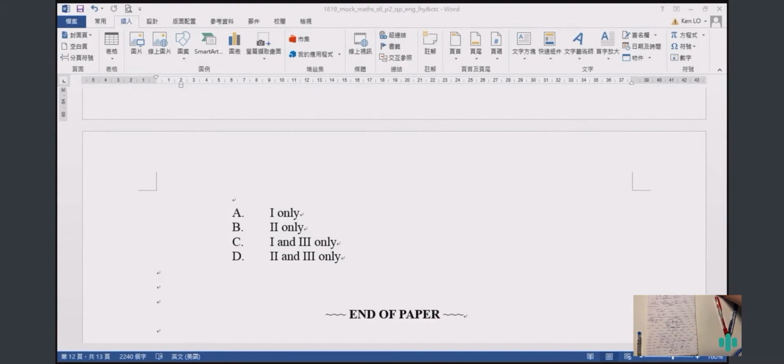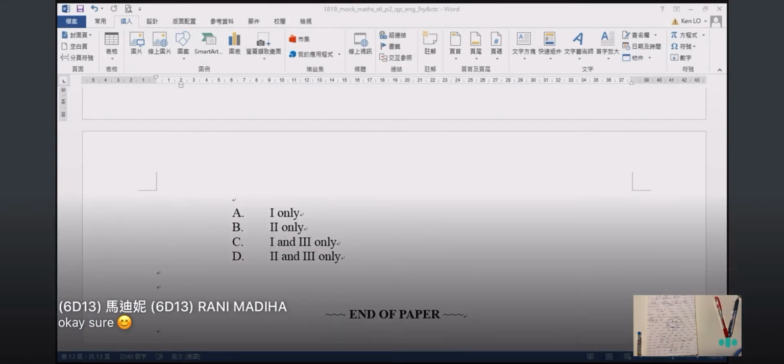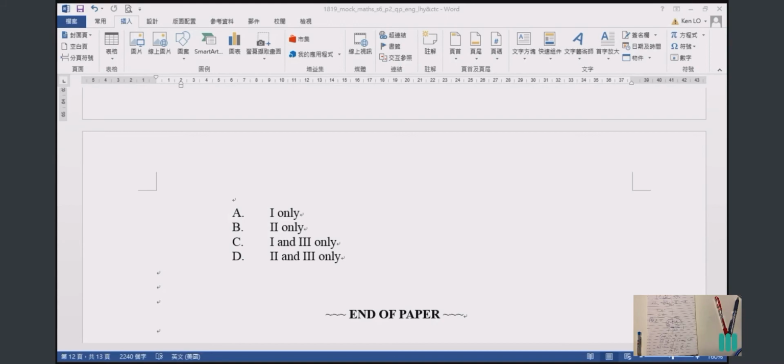I choose one paper from the publisher, a short version, so that you can practice on your own. And then I hope that we can go through it tomorrow.